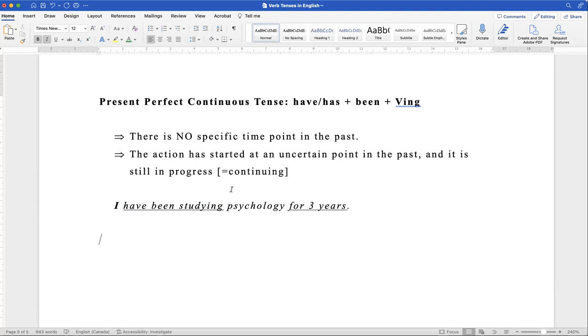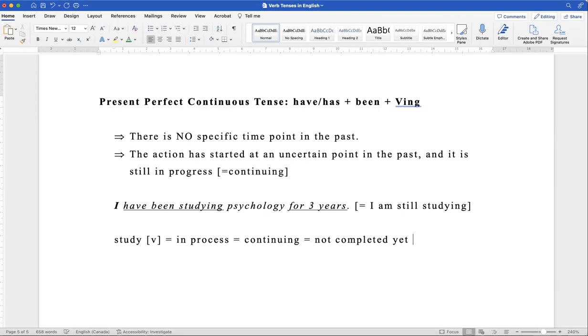And why am I using present perfect continuous tense here? Because I'm still studying. The action is still going on. The action is still in process. Here, the action is study. This is a verb, and it is still in process. It is still continuing, not completed yet.